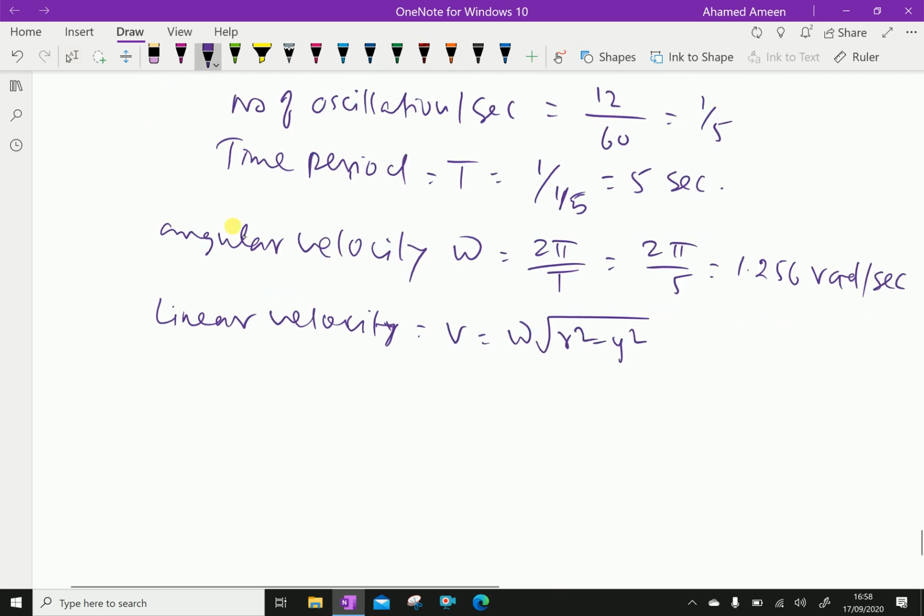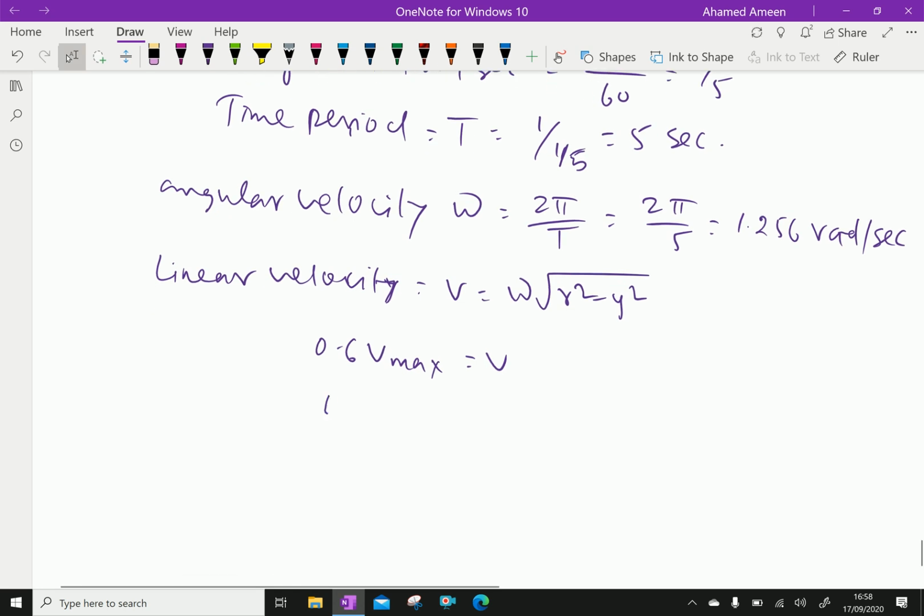Therefore, 0.6 v max equals v. That is, 0.6 v max equals omega, which is 1.256, square root of r squared minus y squared.